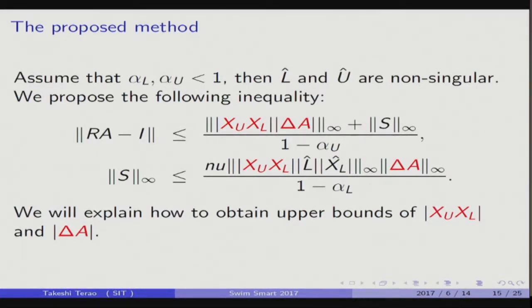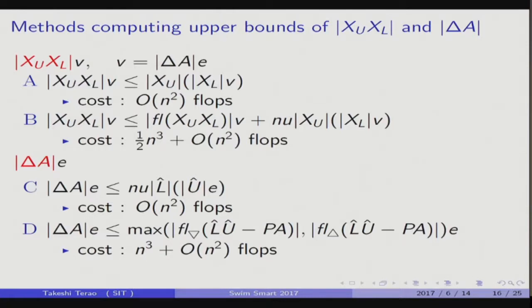So we propose this inequality, and we will explain how to obtain upper bounds of XU times XL and delta A. These are methods for computing upper bounds. Methods A and B compute upper bounds of XU times XL times v.